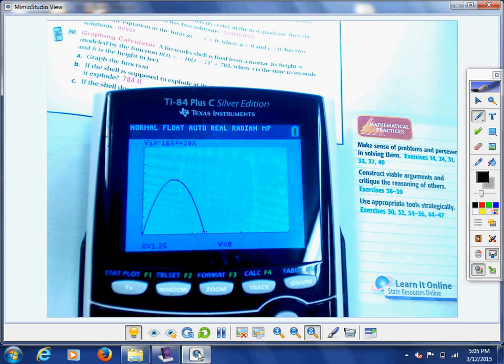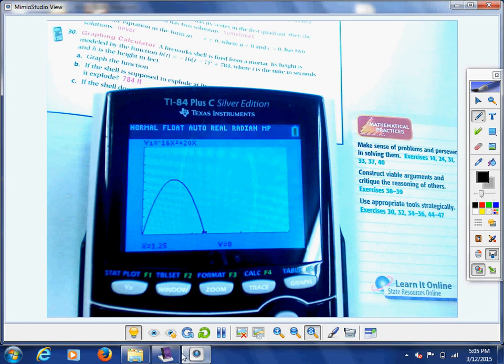Now look next to the y equals 0 on your screen. I know you see the blinking cursor and of course our little arch there, but do you see in the lower left-hand corner of your screen where it says x equals 1.25? Guess what, guys? That, my friends, that's the x-intercept you were looking for. It's going to take that dolphin 1 1/4 seconds to land back in the water again.